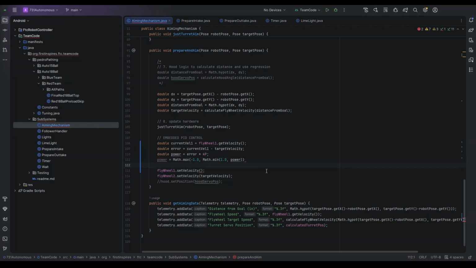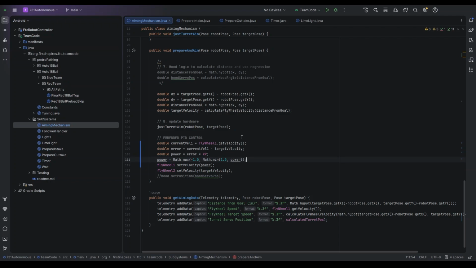And then here, we can just set velocity to just be power. And since the flywheel power should be in a loop statement, the flywheel will continuously ramp up in velocity until the error becomes extraordinarily small, and the flywheel just maintains its target velocity periodically. I mean, that's what we see here, right?